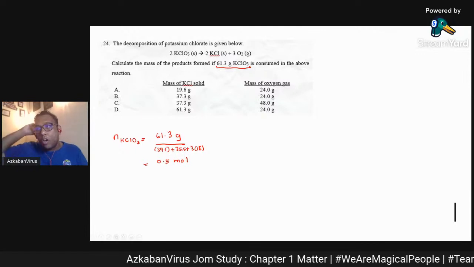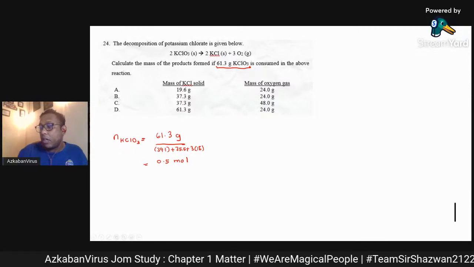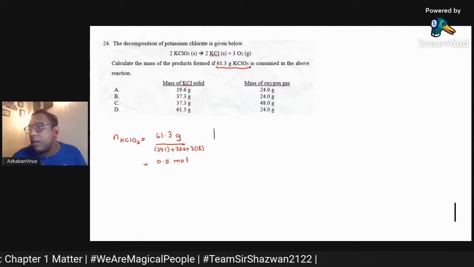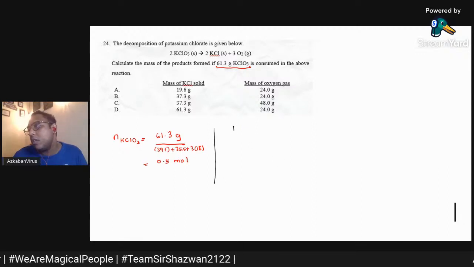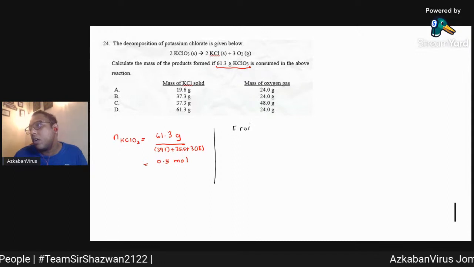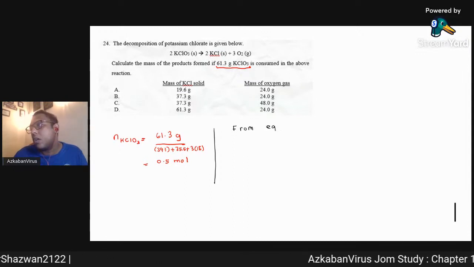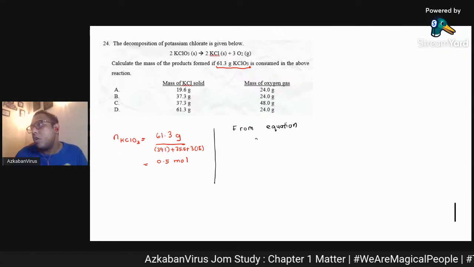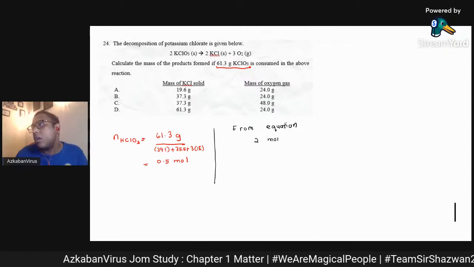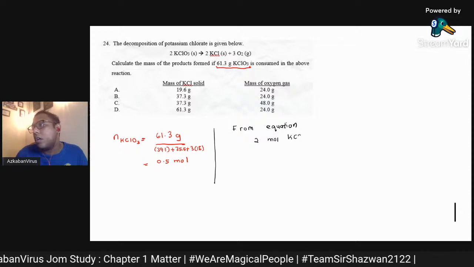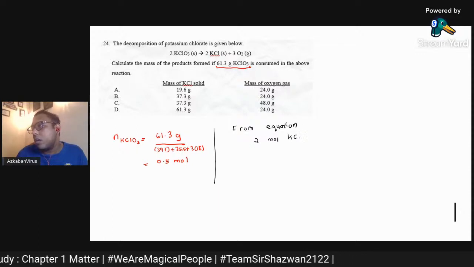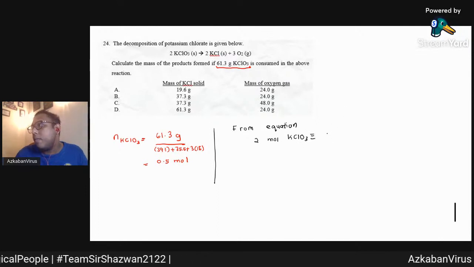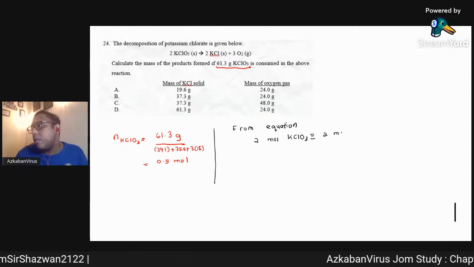Dia minta mass of solid and mass of oxygen gas. So senang saja. Terus guna perkadaran. We know that from the equation, two mole KClO3 dia akan menghasilkan 2 mole KCl.